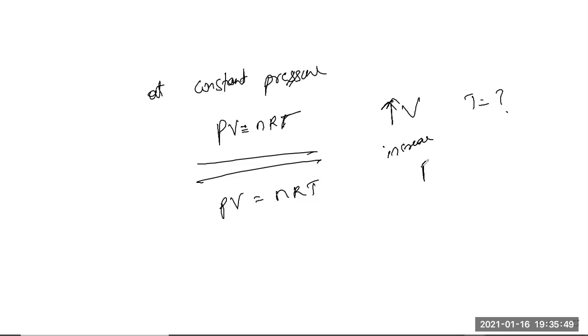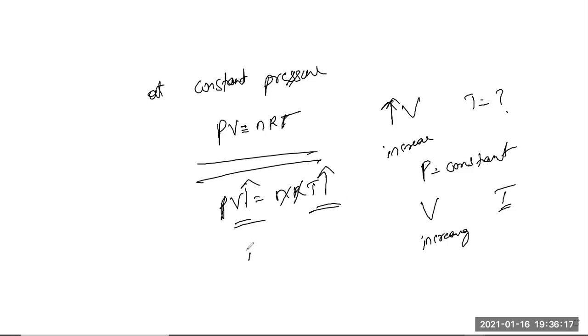I said pressure is constant, so you need to relate volume and temperature. I said volume is increasing. So what happens to the temperature? Because there is a direct relation, temperature will also increase.